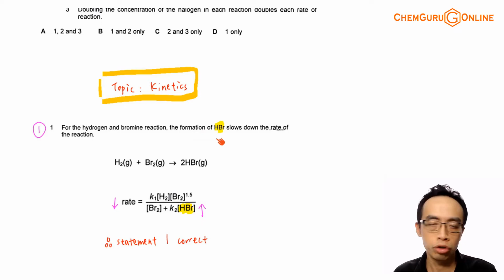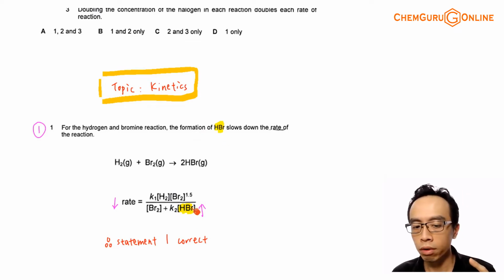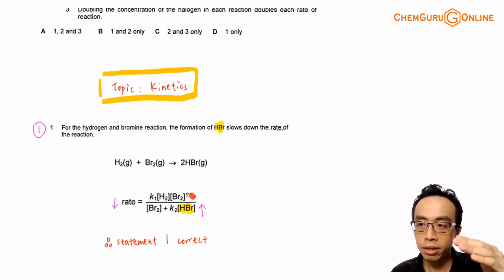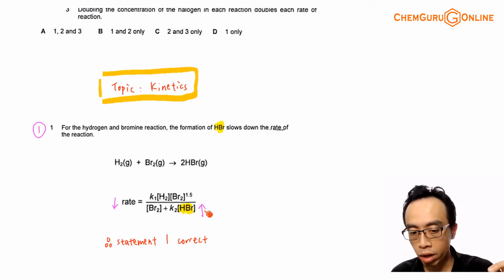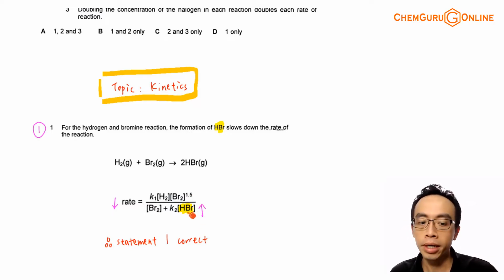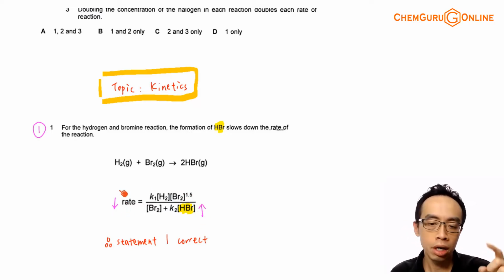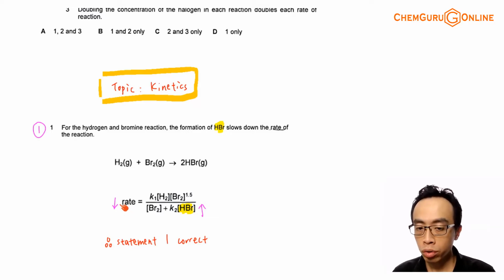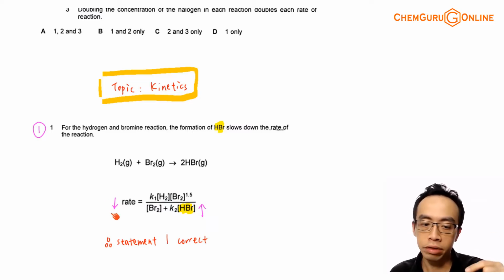When you are forming HBr, the concentration of HBr increases, and since this is in the denominator, when you have a bigger denominator, this will mean that the rate will decrease. So statement 1 is true because when you start to form HBr, when you have a higher and higher concentration of HBr, the rate of the reaction is expected to decrease.